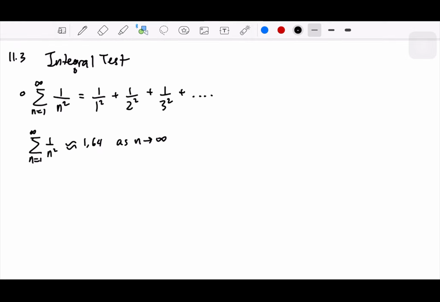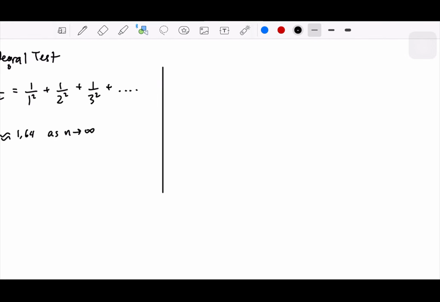Let's see if we can confirm this by looking at the graph.